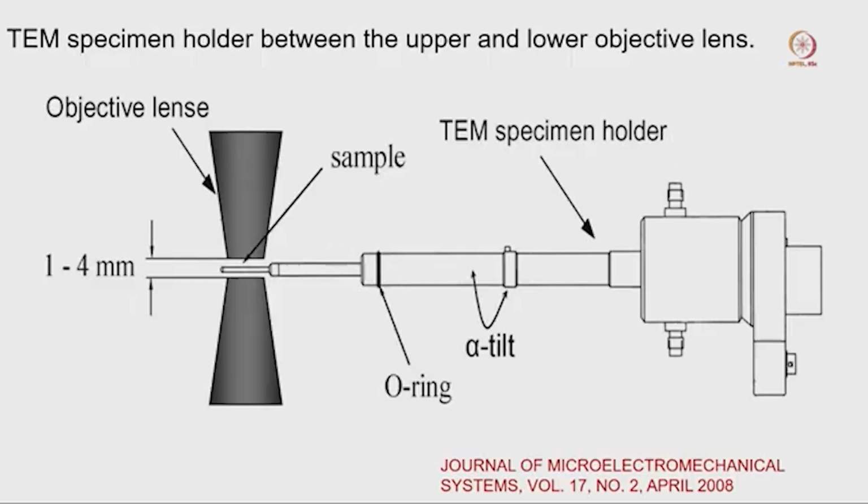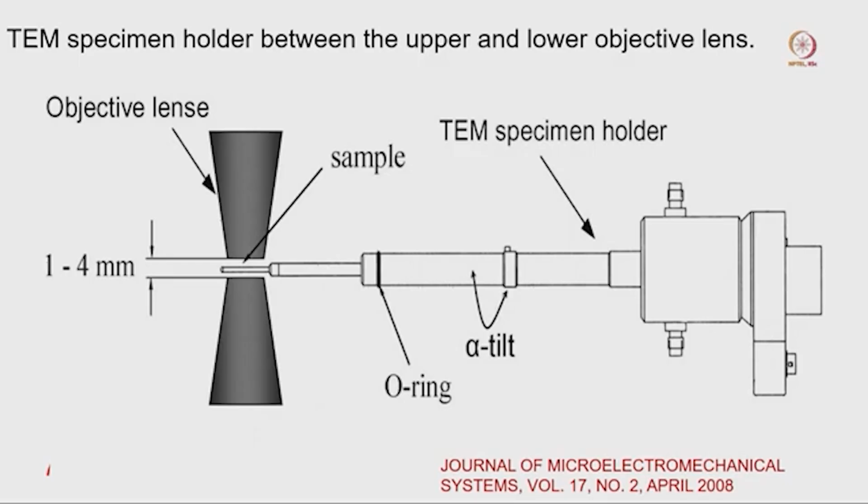Now take a look at how this holder looks. This is a diagram of this holder, where you can see this is a long rod which is connected with an area which you can hold and insert. There is a pin also.